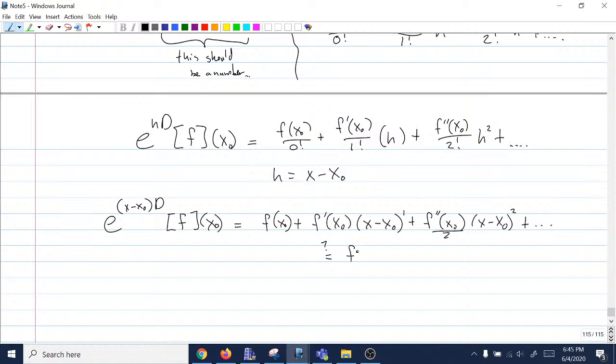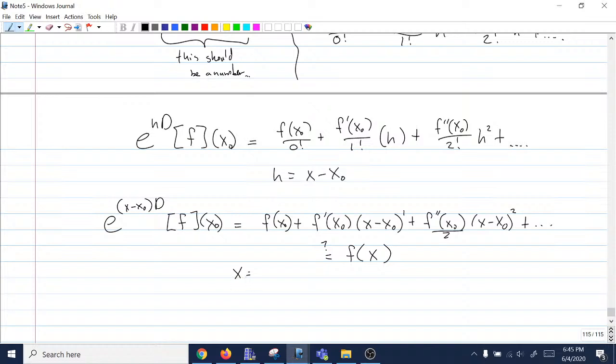That's the thing that maybe equals f of x minus x naught. No, equals f of x. And now what do I want to do? I want to replace x naught with x plus t.